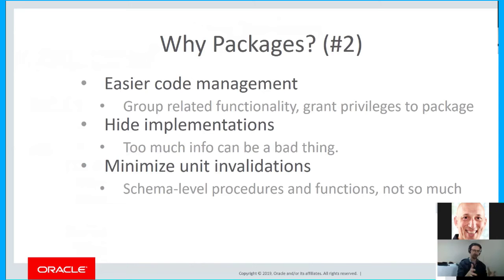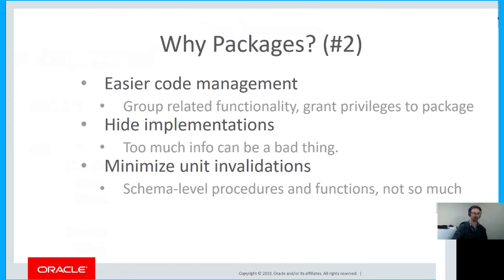So we got much better about managing when we invalidate things, but if you've got schema level functions and procedures, so outside of a package, you can still end up cascading the invalidation all the way up the tree. And if that's all you've got, you can essentially break your application or make it temporarily unusable for a short period while everything revalidates. Packages break the dependency chain.